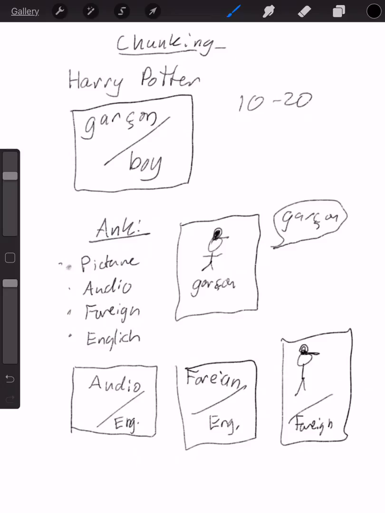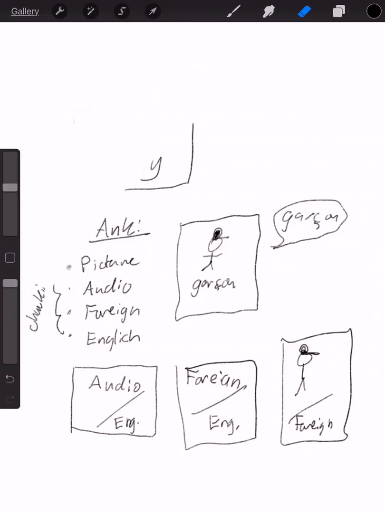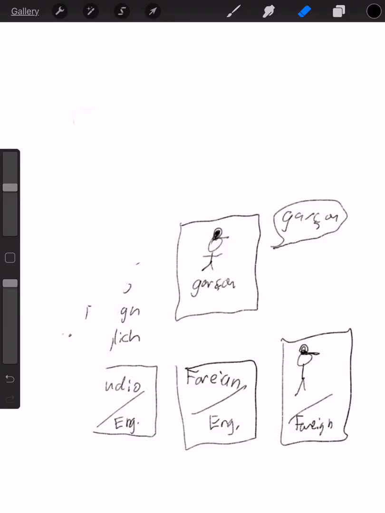You're chunking them. That's just what chunking is. Chunking is linking together different memory units through meaning. So let me erase this page so I can write that down.